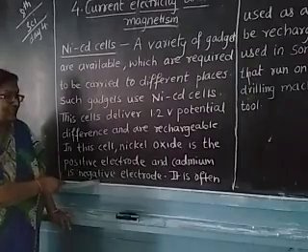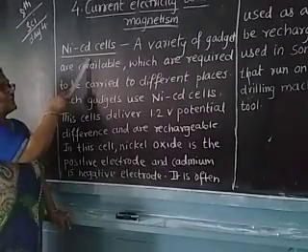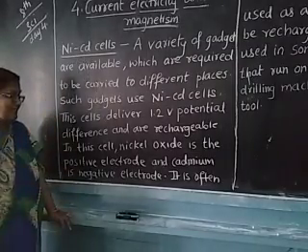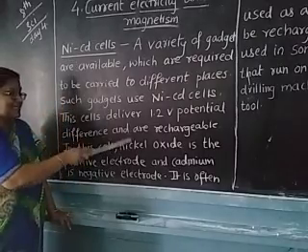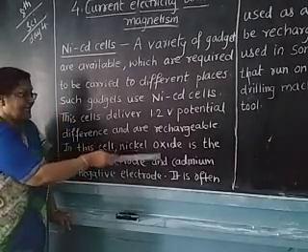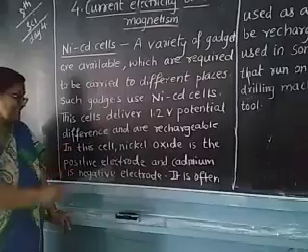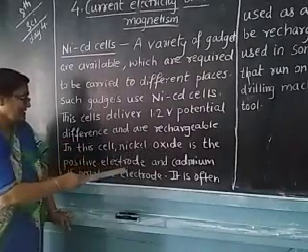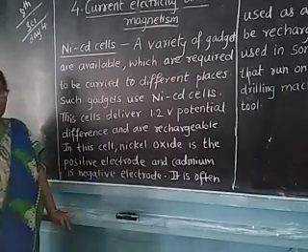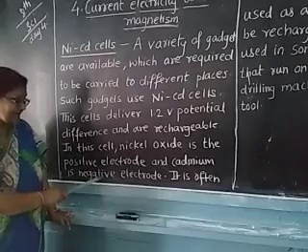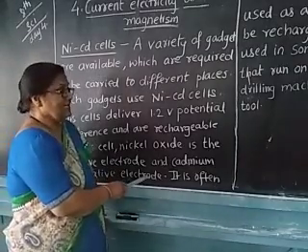Both these metals are present, where nickel is present in the form of nickel oxide and cadmium is present freely. Here nickel oxide is the positive electrode and cadmium acts as the negative electrode.